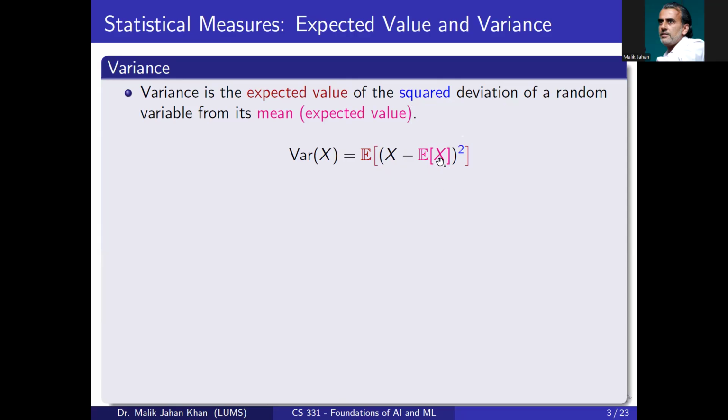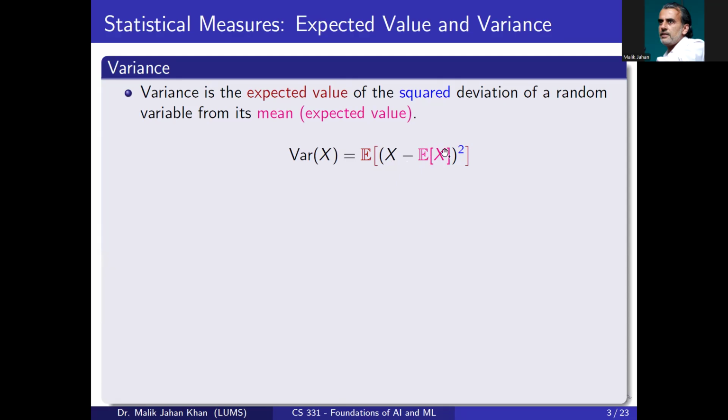Why? One quick intuition for why we are interested in squaring it is that x minus expected value of x could be positive, could be negative, and over multiple trials, a positive value and a negative value might cancel each other. So in order to take care of that, we are squaring the deviation over here.